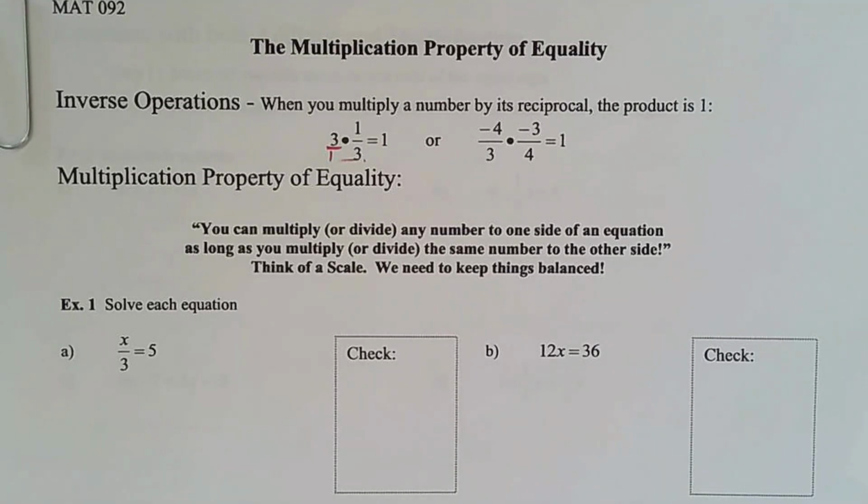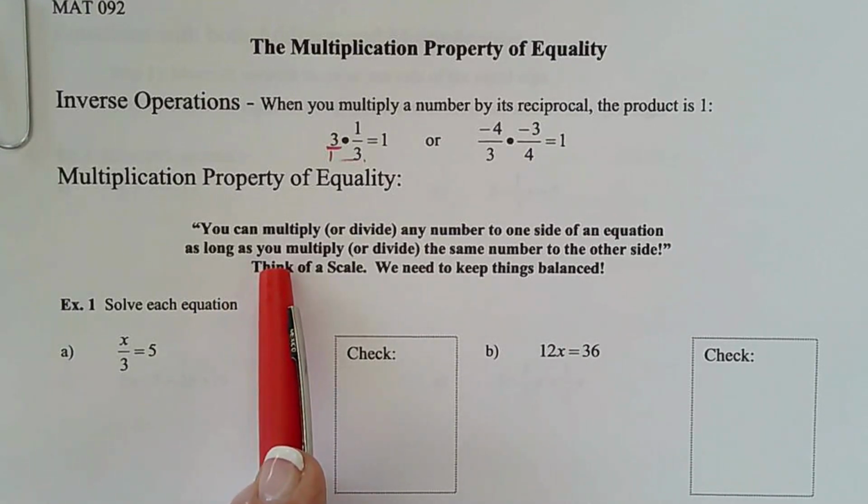So the opposite of addition, subtraction. Opposite of subtraction, addition. Opposite of multiplication, division. Opposite of division, multiplication. So that's what inverse operations are, because we know when we solve an equation, we always have to do the opposite.